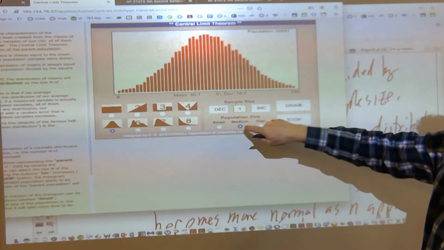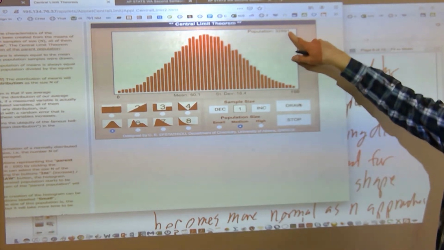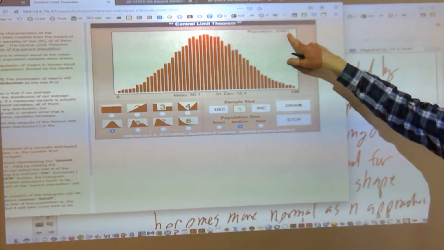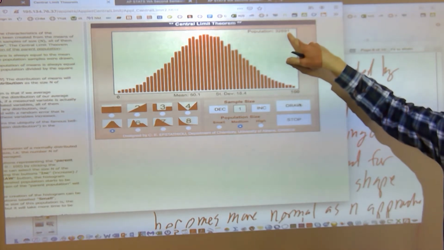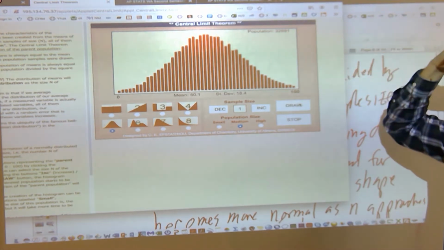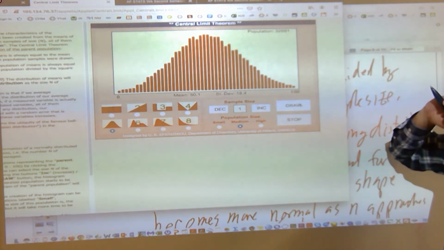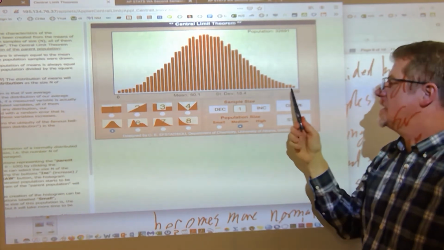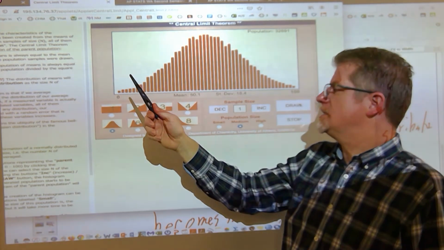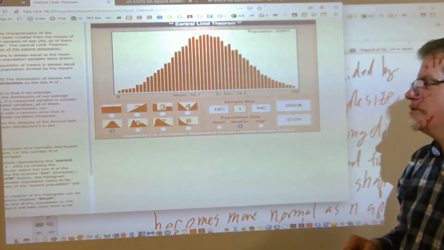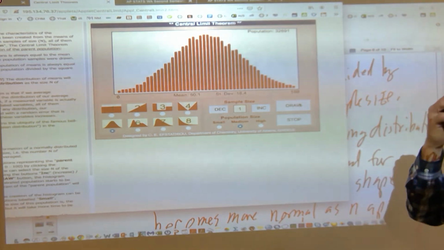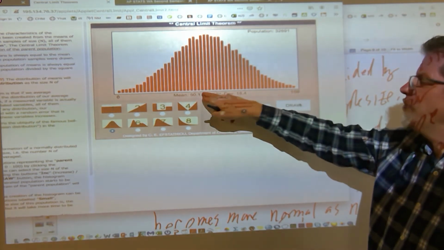That's actually the population size, capital N. So there's 32,691 people in this computer-generated simulation of a population. The tallest person, I guess, is 100 inches. The shortest person is 0 inches. A pretty short dude.